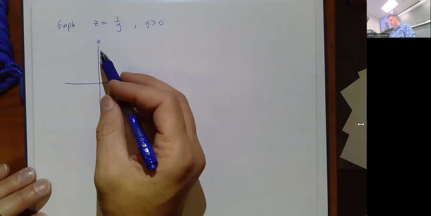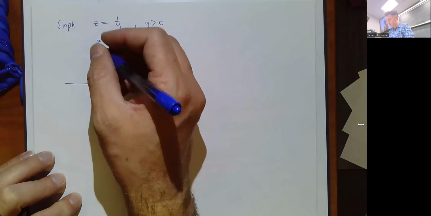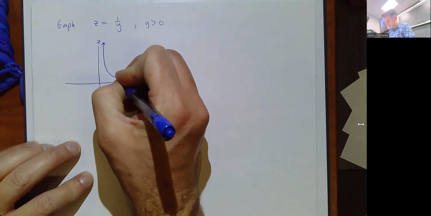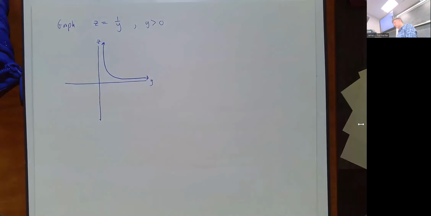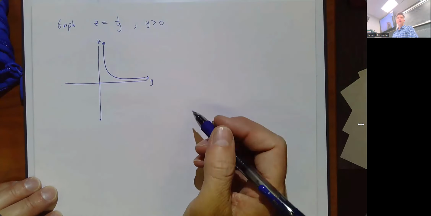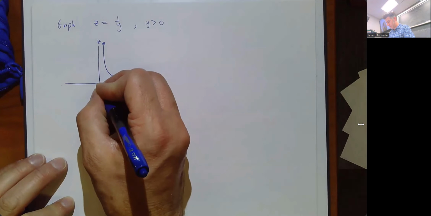So I'm going to graph z equal to 1 over y. And so it's going to look like this. There's my z equals 1 over y. And I didn't want to graph this part over here because I felt like it was going to be too hard to extend it, but I might try to. So now let's add in the z axis.